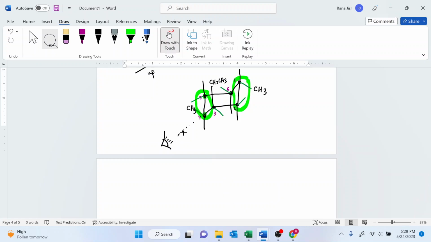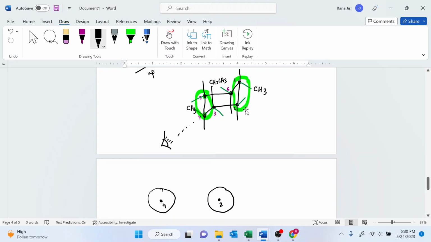So if I'm looking down this angle over here, the first thing I'm going to see is carbon number 4. Let's draw our 2 circles. That is carbon number 4 over here. And that is our second circle, which is supposed to be carbon number 2. Okay, so you have carbon number 4 and carbon number 2. Let's finish up this Newman projection and then draw the other one.